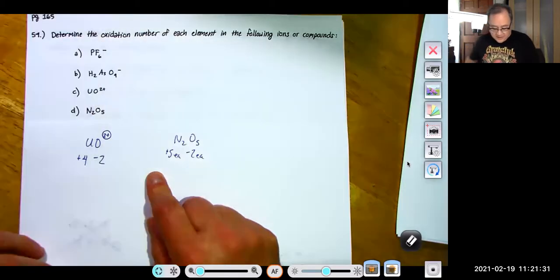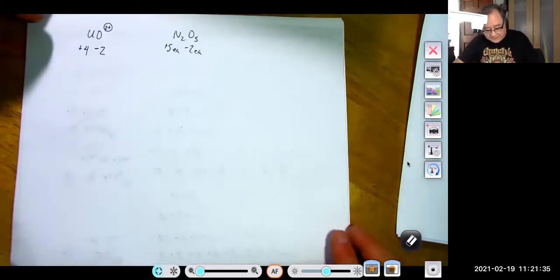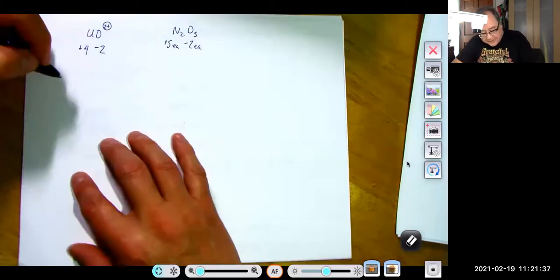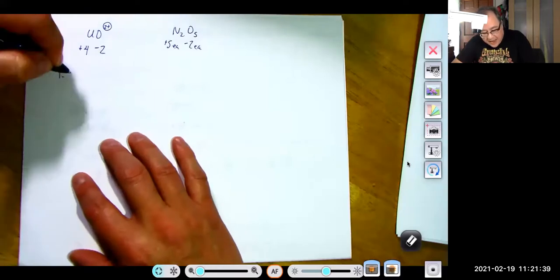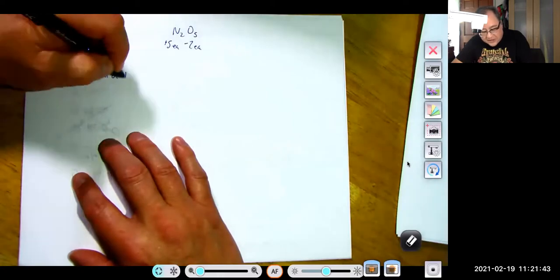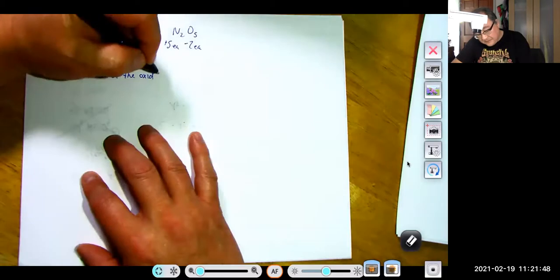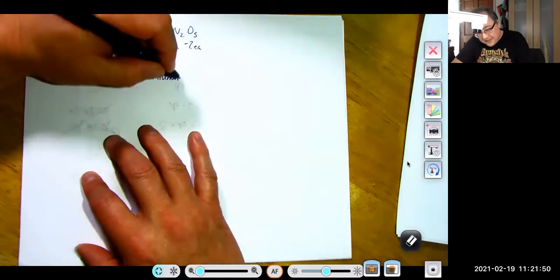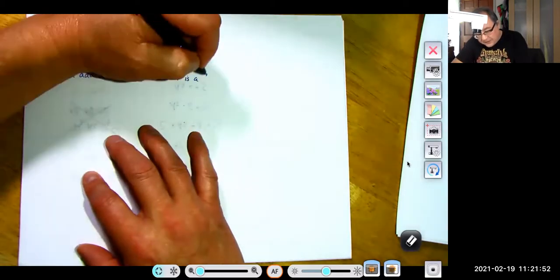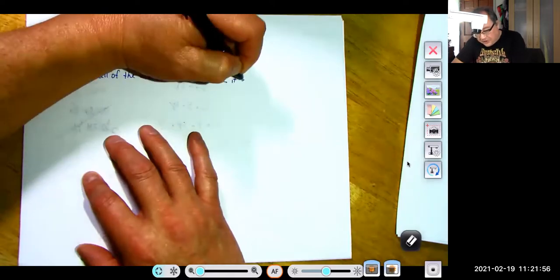Okay, so now we're in a place where we can start talking about rules now that we've applied some. First rule is that if you add all of the oxidation numbers in a formula, it equals the charge.